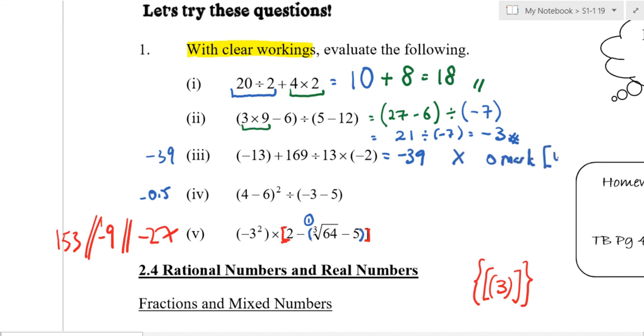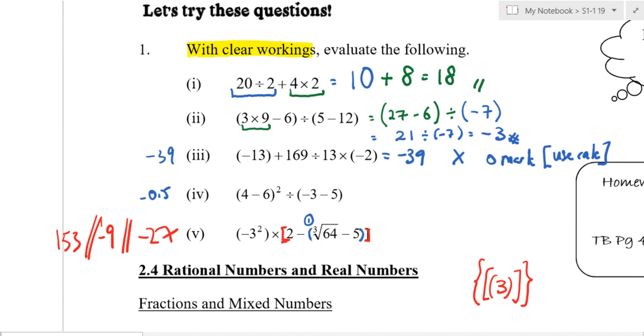Why? Because you use the calculator. Can you use a calculator? Can. But because they say you must show clear working. So how do I show the working? Let's try. Which one do I do first? Khalid, which one do I do first? Plus?